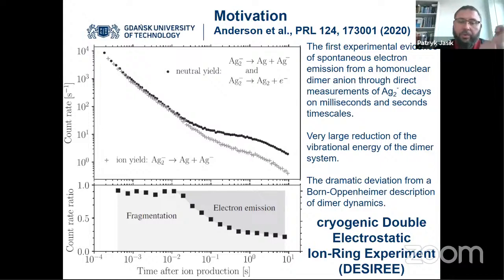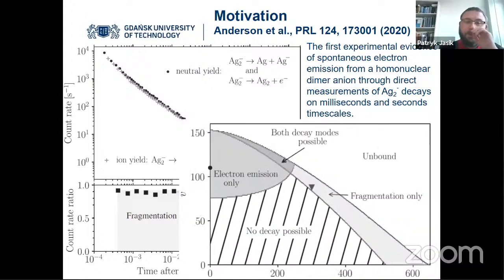So we investigate this by theoretical methods. You can see here the distribution of J and V numbers for which we can observe two paths of decay.